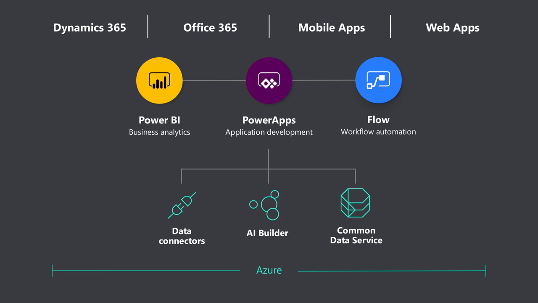Flow, Power Apps, and Power BI build on top of some key common components, namely the Common Data Service, although there's also AI Builder, which was announced yesterday. That's a new capability that allows people to build artificial intelligence, as well as the rich set of data connectors that we have, over 260 different connectors. It is worth noting that all of these things are built on top of Azure now.